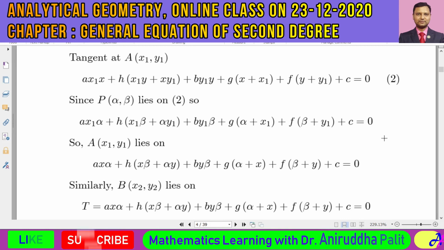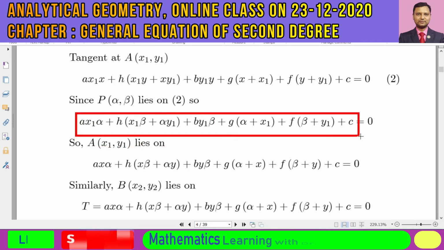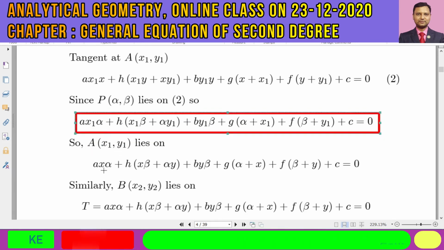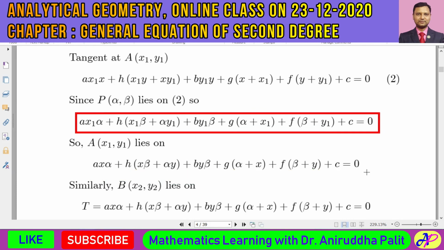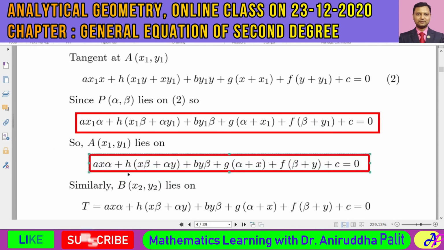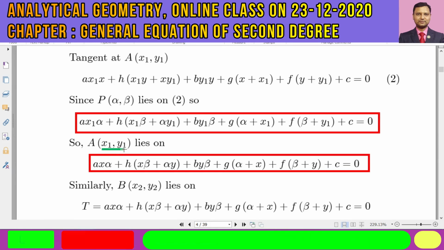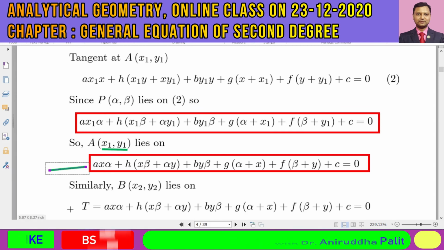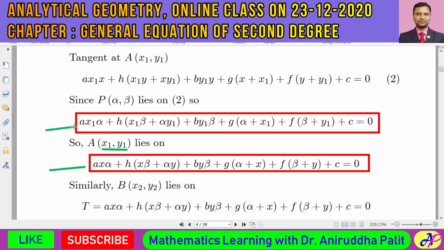Now look at this very carefully. What we observe from this result: can we say that x1 y1 lies on this kind of straight line? You see, if we put x is equal to x1 and y is equal to y1 in this equation, do we get this equation?